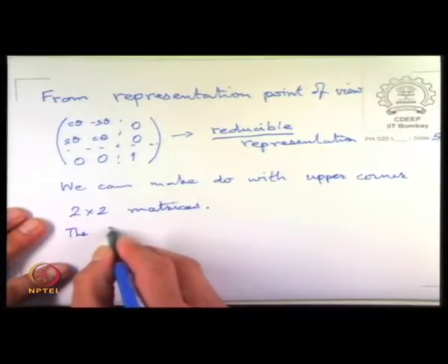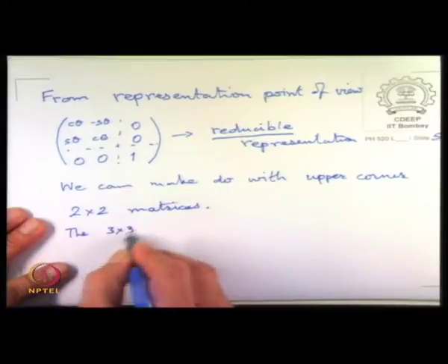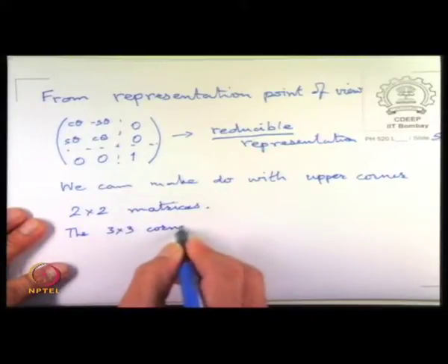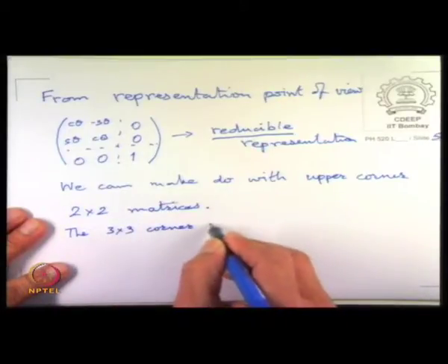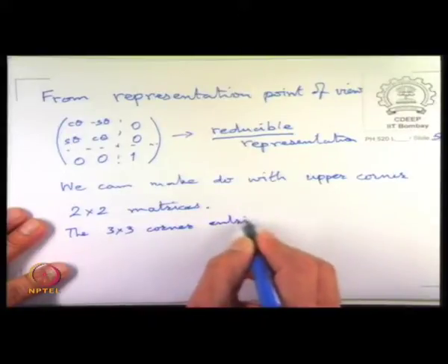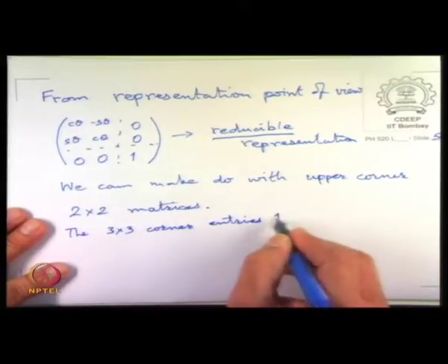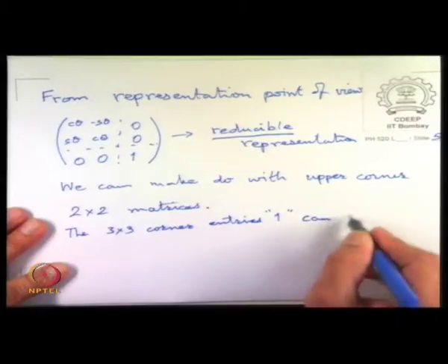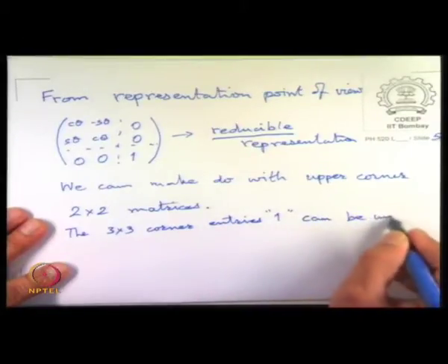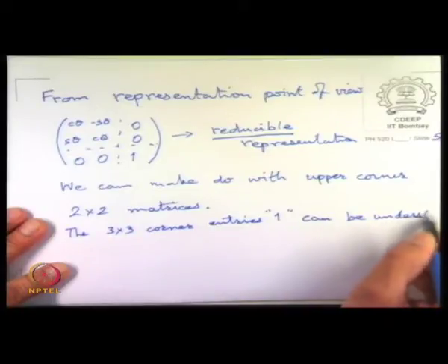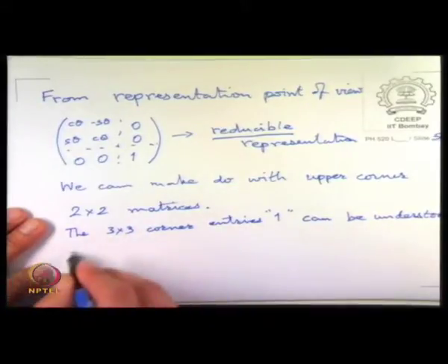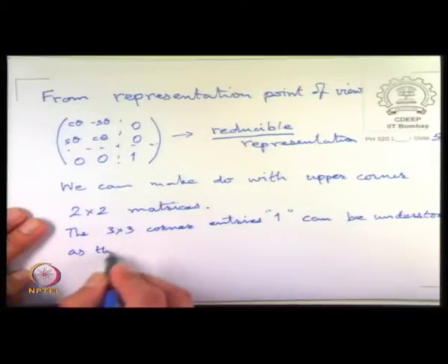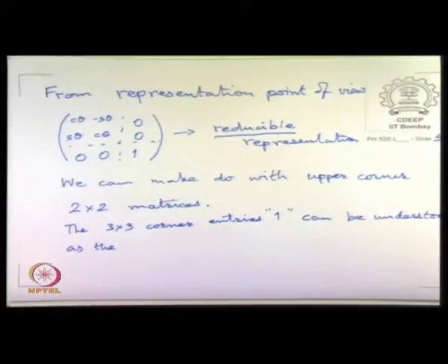The 3 by 3 corner entries 1 can be understood as the same entry in all the matrices.